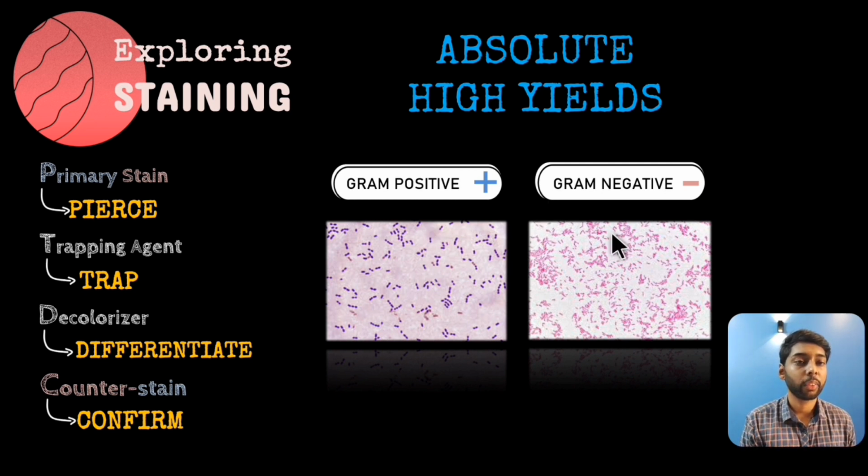Then to visualize the gram-negative bacteria, we use a counterstain to confirm whether the bacteria is gram-positive or gram-negative. If the bacteria takes the counterstain, then it will be a red gram-negative. And if it doesn't take the counterstain, then it will be a blue colored gram-positive.